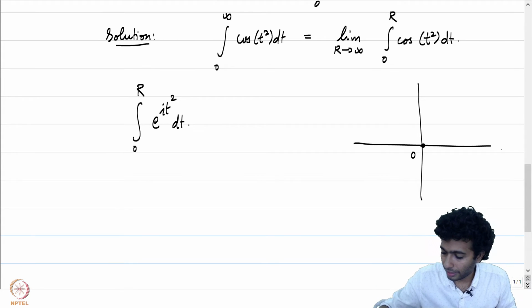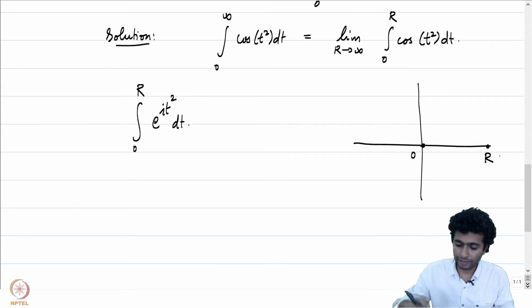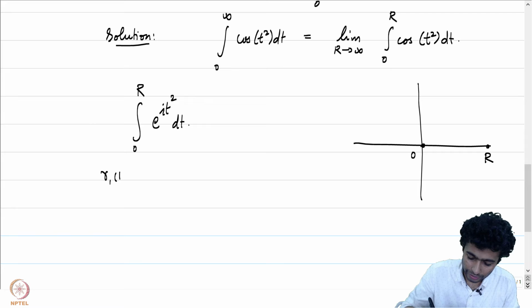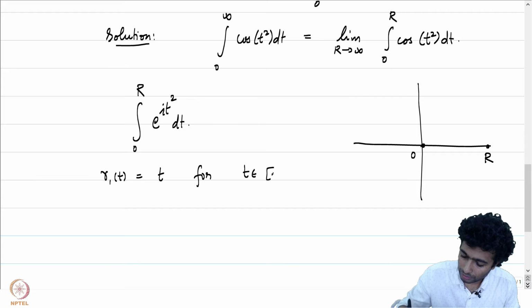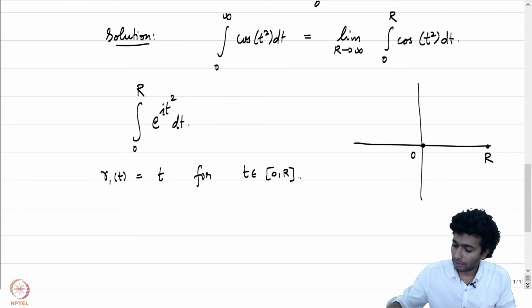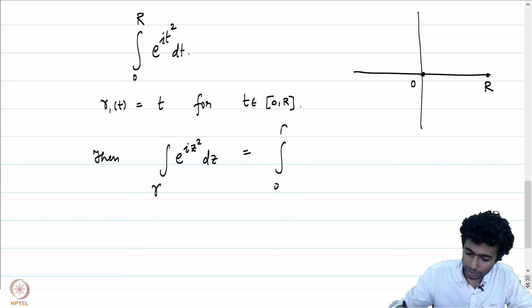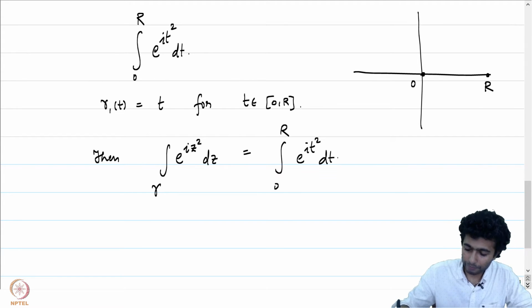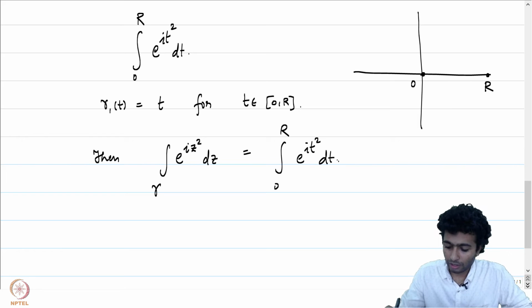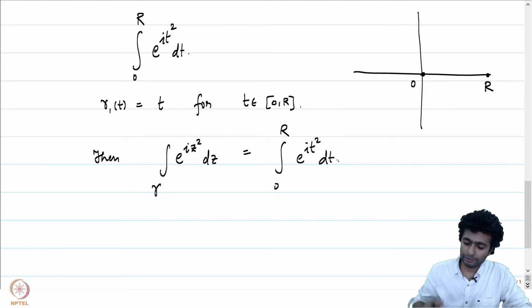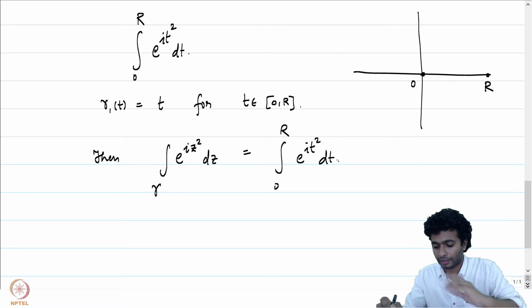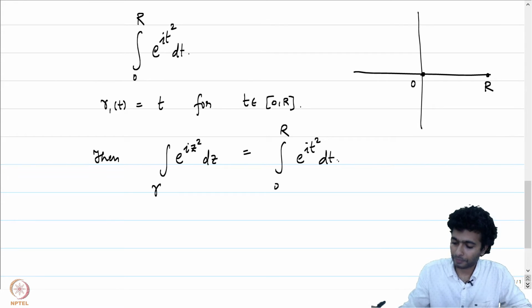We have 0 here and we have an R here, and if we take gamma 1 of t to be equal to t for t in 0 to capital R, then the integral of e to the power i z squared dz over gamma 1 is just going to be equal to the integral from 0 to R of e to the power i t squared dt, by a change of variable which we discussed last week.